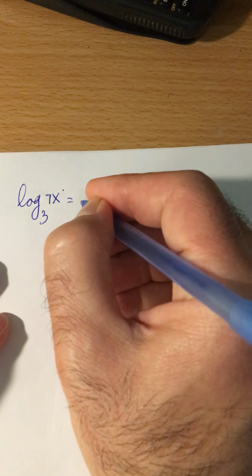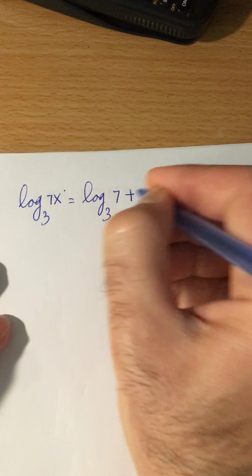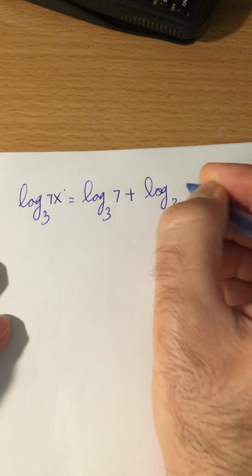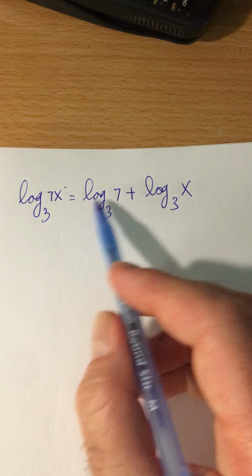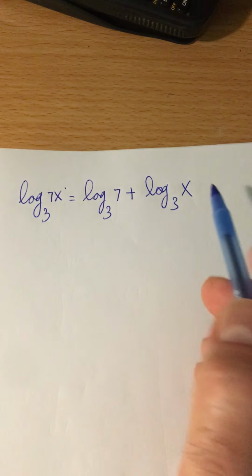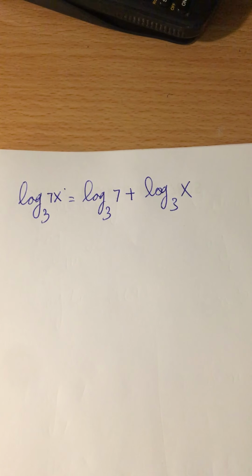So I can expand this to log base 3 of 7 plus log base 3 of x. Notice that I expanded it. I had a multiplication here, so I expanded it. Okay, all right. I need to stop right here, and we will pick up in the next video, which will be very short.